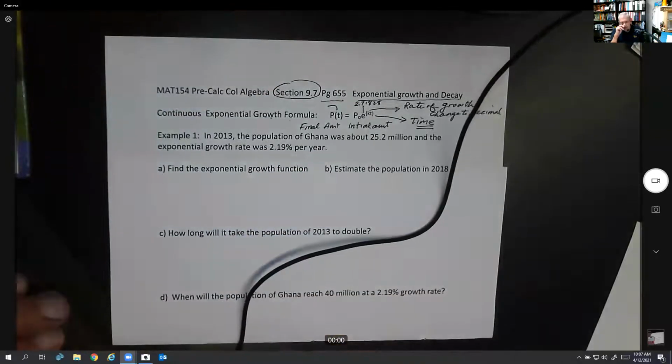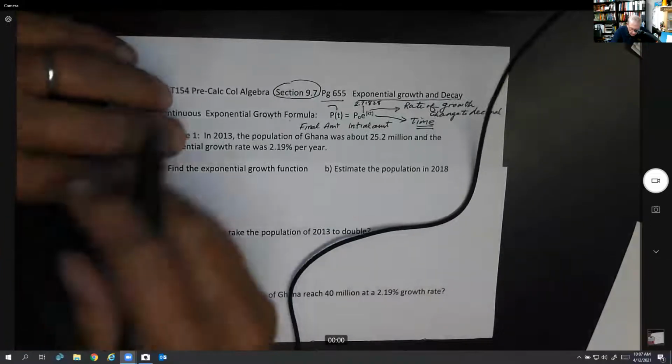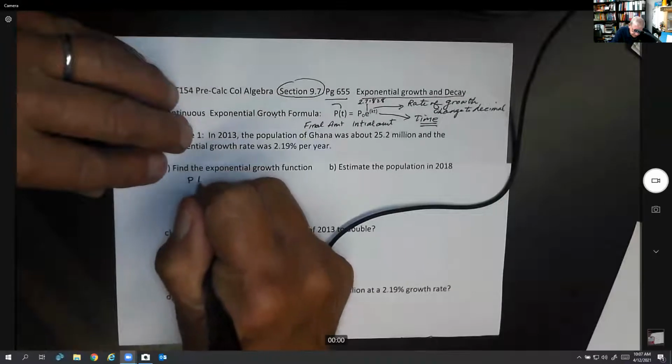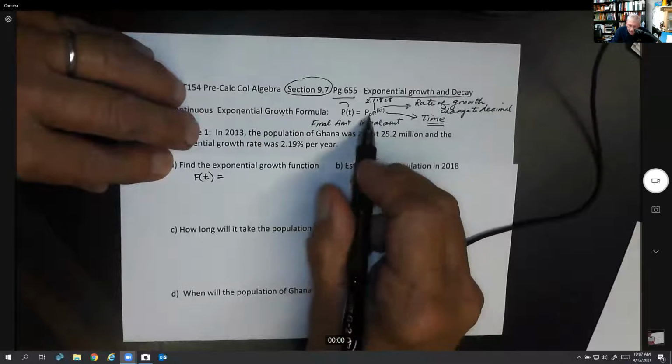The population is increasing. So it says, find the exponential growth function. Okay, so we're going to start out with our formula, and we're just using this formula right up here.